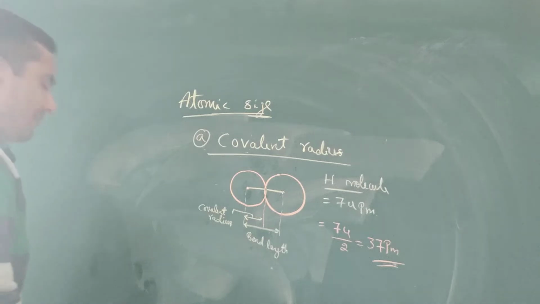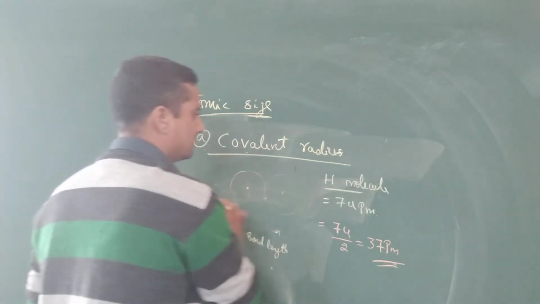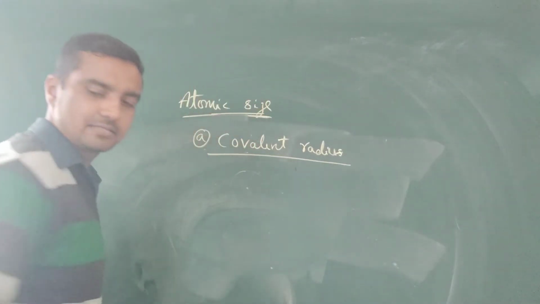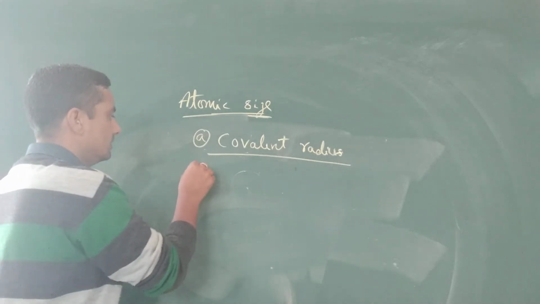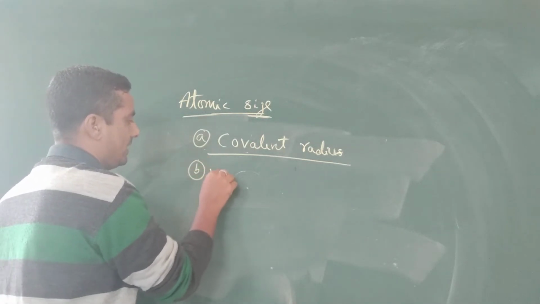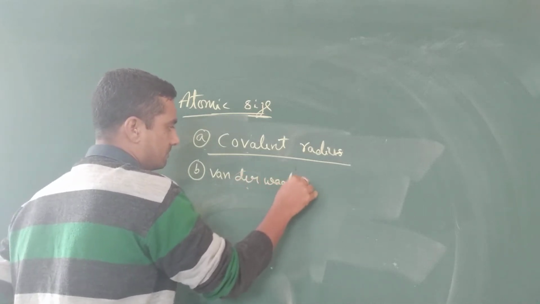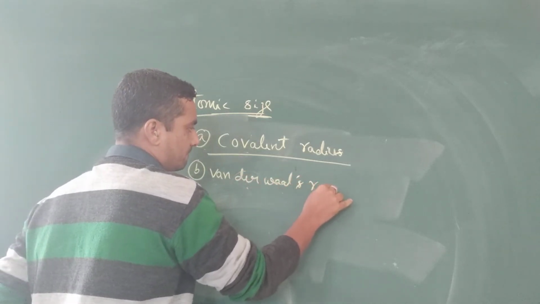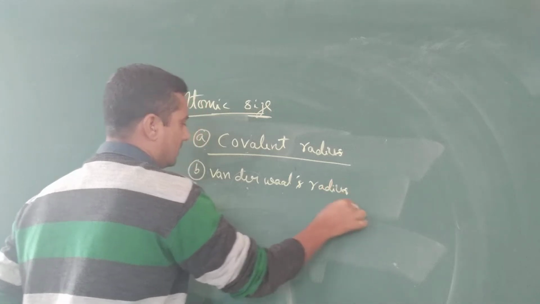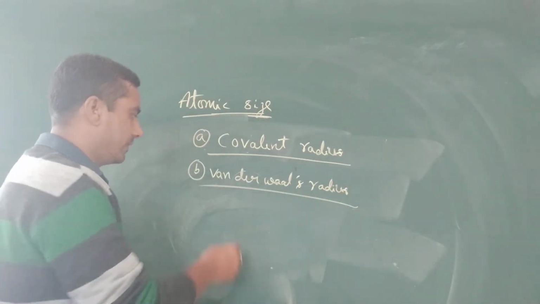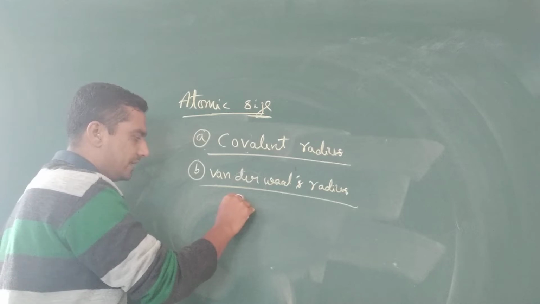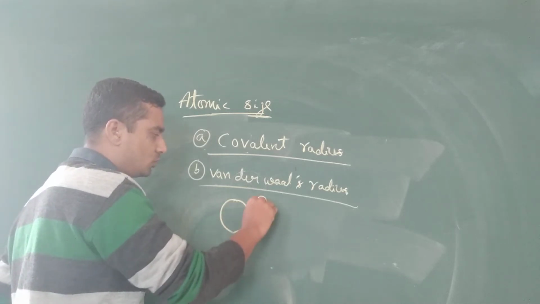That is the van der Waals radius. We'll go for the second one, the van der Waals radius. I will give one example. Here, for the van der Waals radius, we just have to consider two molecules.